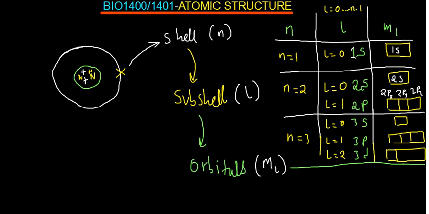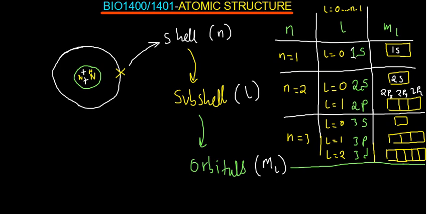Something like this. One, two... okay, there are five. Meaning that how many orbitals do we have for the third energy level? One, two, three, four, five, six, seven, 8, 9. We have got 9 orbitals for the third energy level, meaning that the maximum number of electrons we can have is 18.